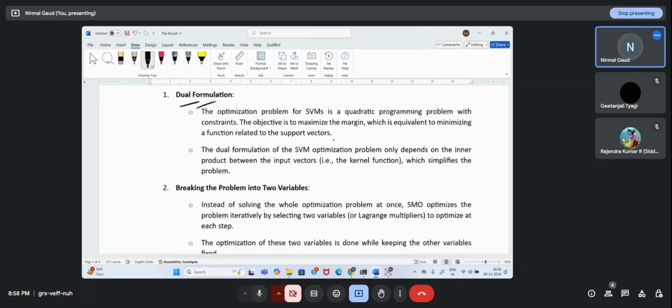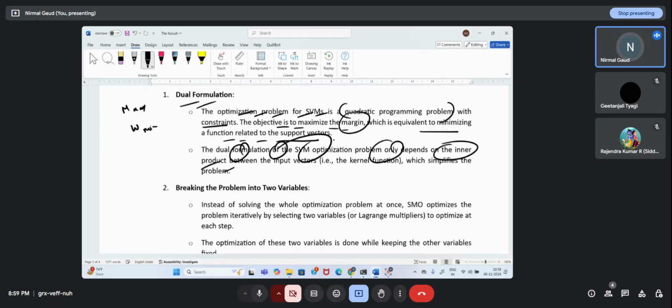In dual formulation, the optimization problem is quadratic in nature with constraints. The objective is to maximize the margin, which is equivalent to minimizing a function related to the support vector. What is the function related to the support vector W? I need to minimize it, then my margin will be maximized. So the dual formulation of SVM only depends on the inner product between the input vectors, which simplifies the problem.